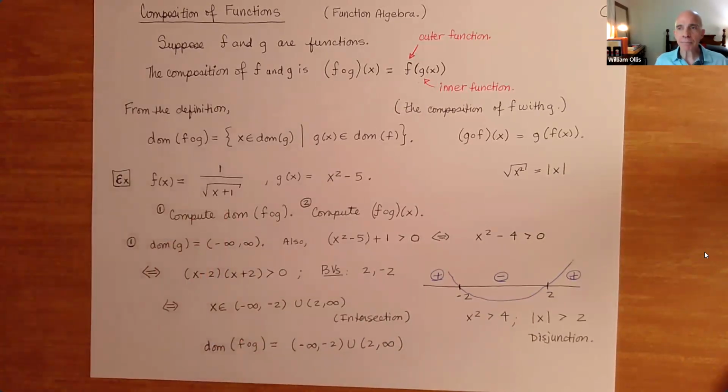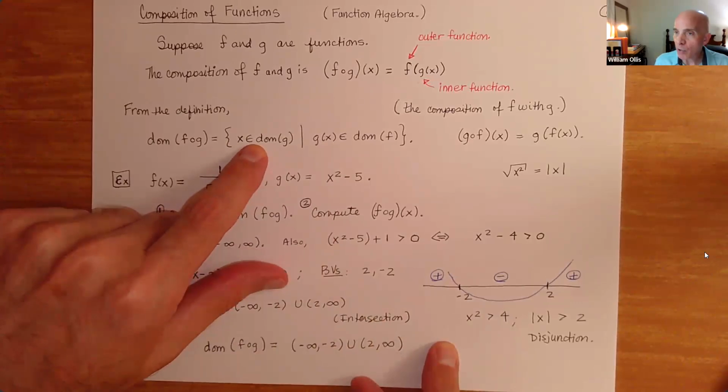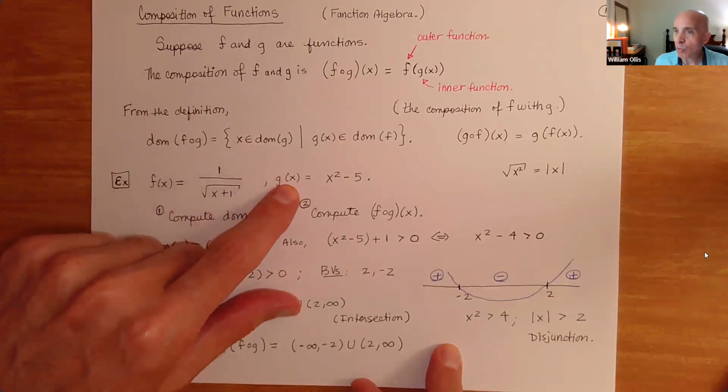So again, you look at this and think, well, the alternative would be to actually compute the actual formula for the composition and then see what restriction would result there. And that's a fine way to do it. Note that since we are actually building the function from two functions, we must always be aware of the domain of the inner function, because disregarding that will impact the actual domain.